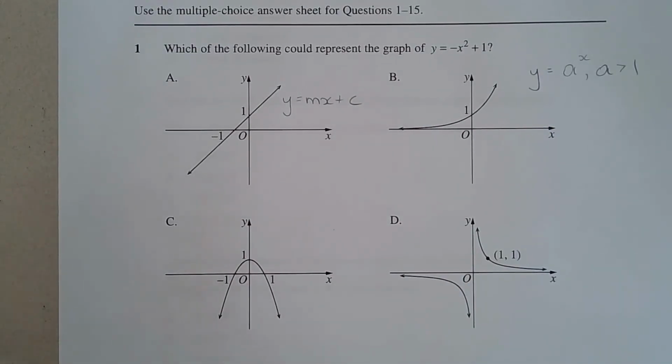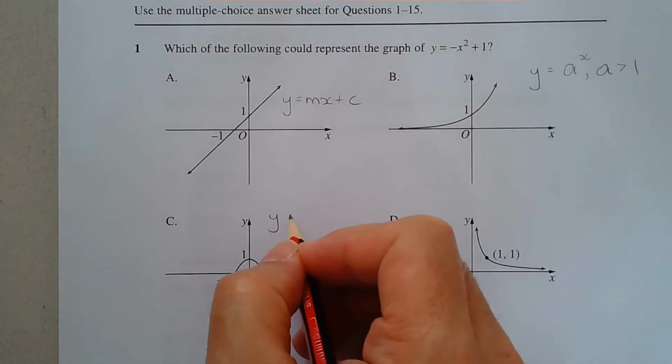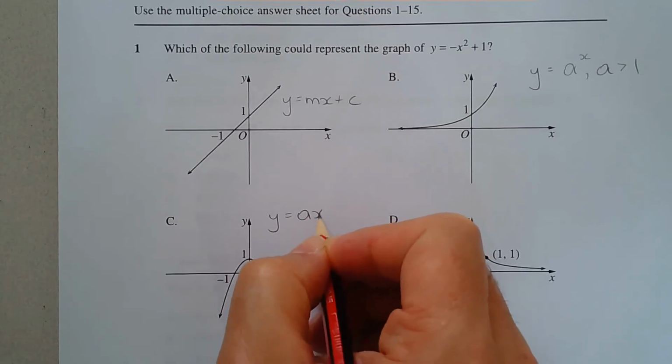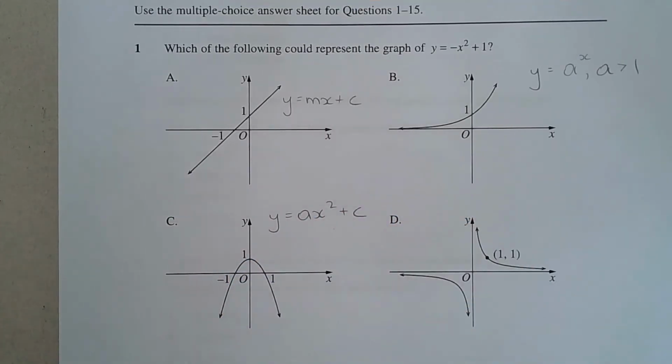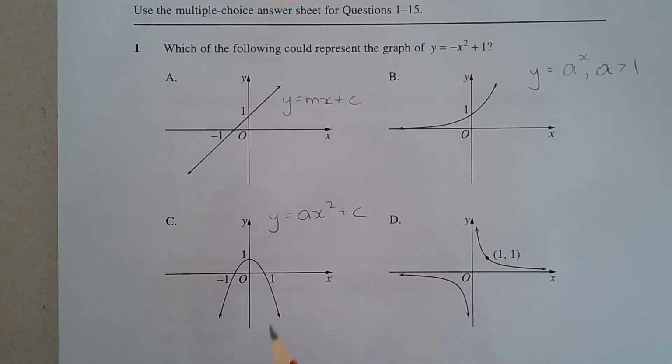Part C, okay, sort of a U shape, that's a parabola. This one's concave down, so that means that there's a negative involved. This one is of the form y equals ax squared plus c. Now, the value of a here determines whether it's concave up or concave down.